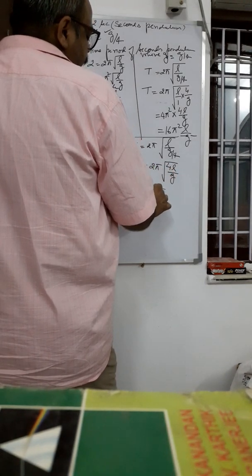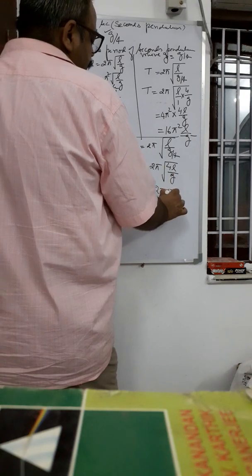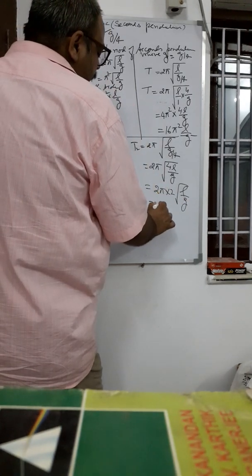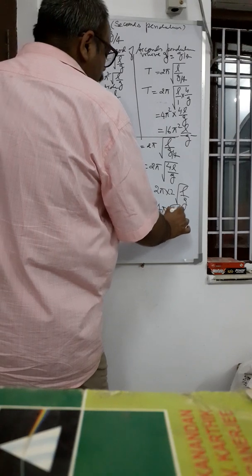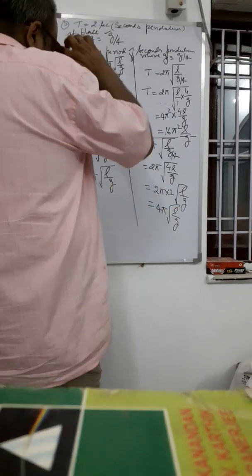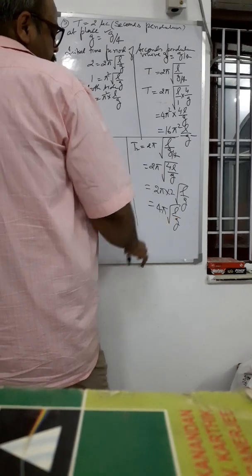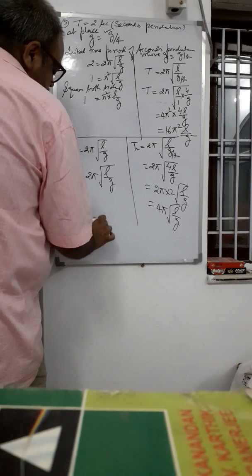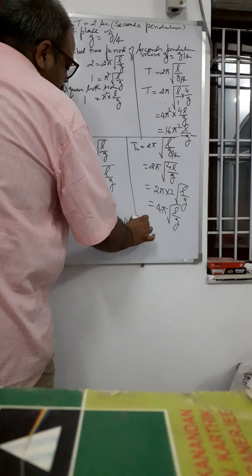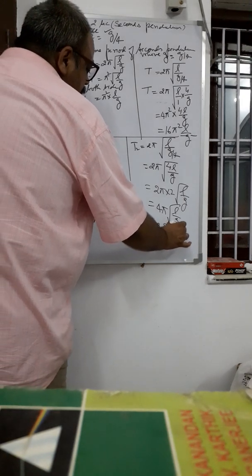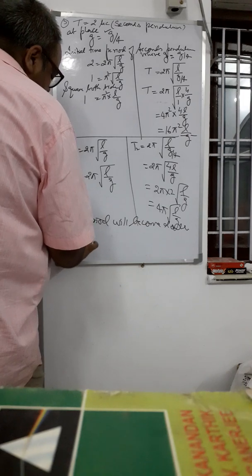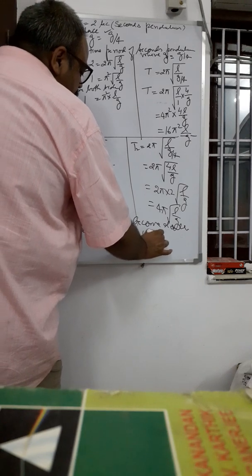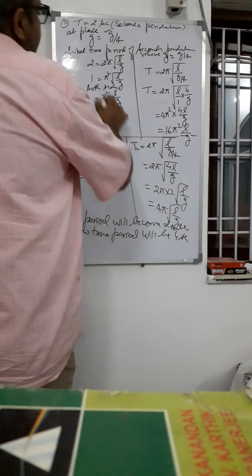This 4, when it comes outside, it will be 2 multiplied by 2 under root L upon G. So 4 pi under root L upon G. So this is 2 pi under root L upon G, it will be 4 pi under root L upon G. Time period will become double. New time period will be 4 seconds.